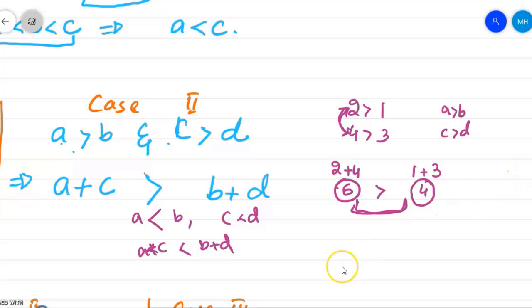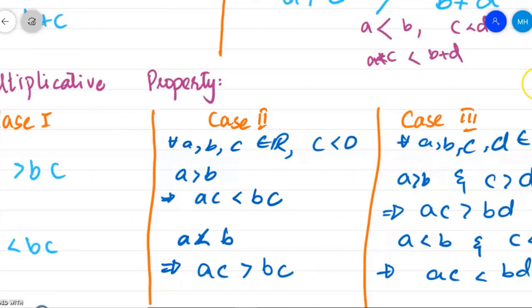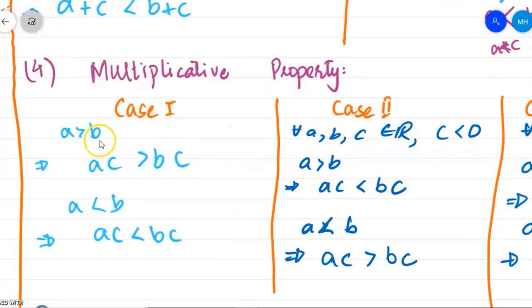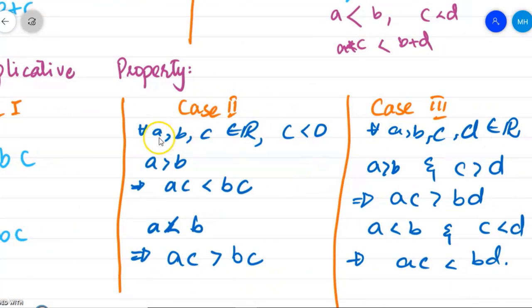Now let's move to the multiplicative property. We have three cases. If A is greater than B and you multiply by a positive number, the inequality remains the same. But what will happen if we multiply by a negative number? If A is greater than B and you multiply by a negative number, the inequality reverses its sign.